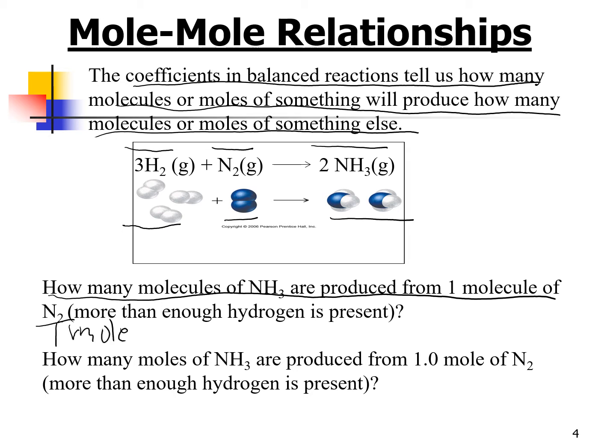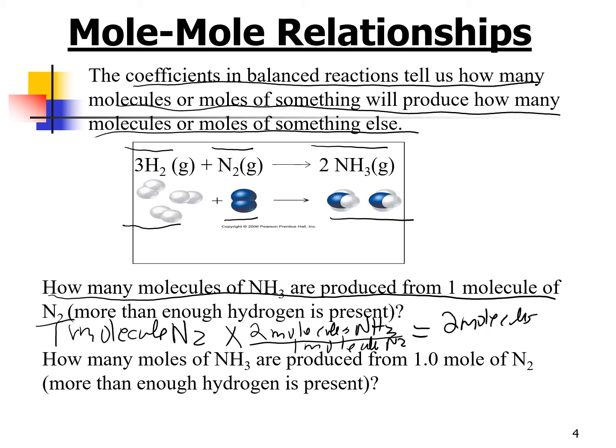We can use our balanced equation to solve for that. So 1 molecule of N2, based on our balanced equation, we said 2 molecules of NH3 are produced from 1 molecule of N2, which gives us 2 molecules of NH3. How many moles of NH3 are produced from 1 mole of N2?